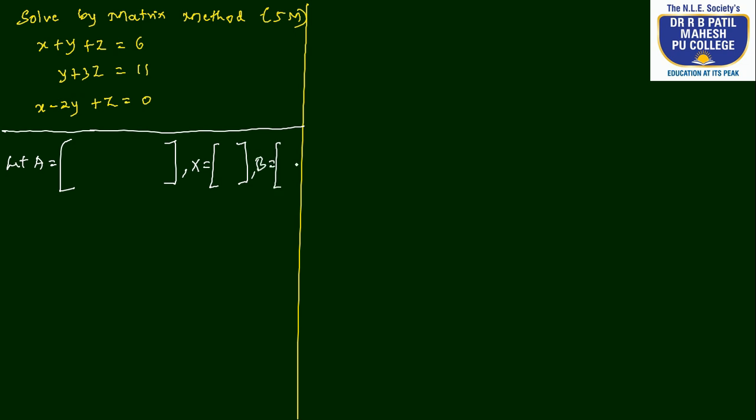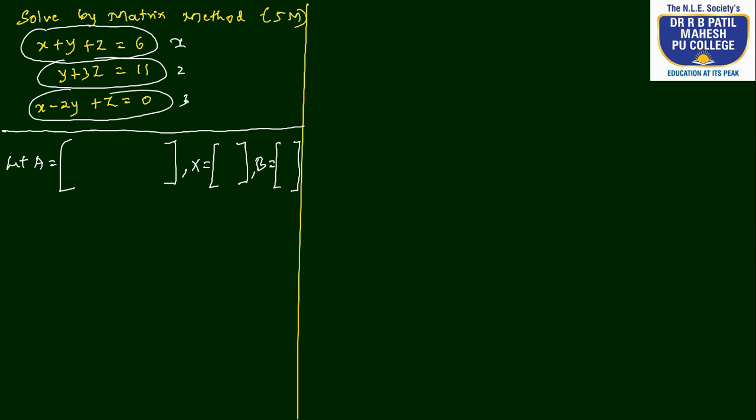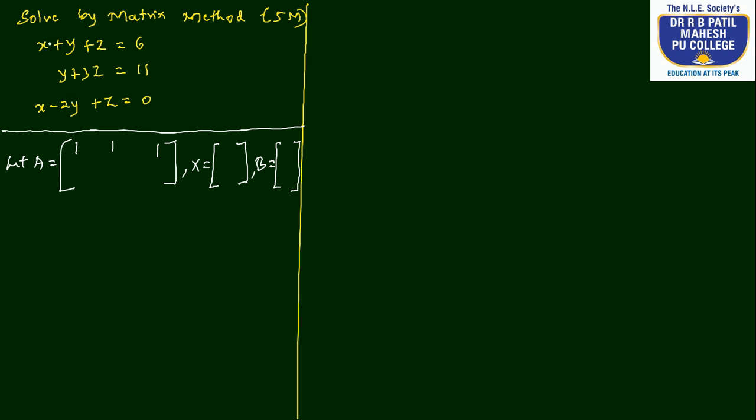Capital A matrix consists of the coefficients of x, y, z in all the 3 equations as the first row, second row, third row respectively. So let me write the coefficients of x, y, z in the first row. First equation, 1 1 1: 1 is the x coefficient, 1 is the y coefficient, 1 is the z coefficient. That's why I have written 1 1 1 here.